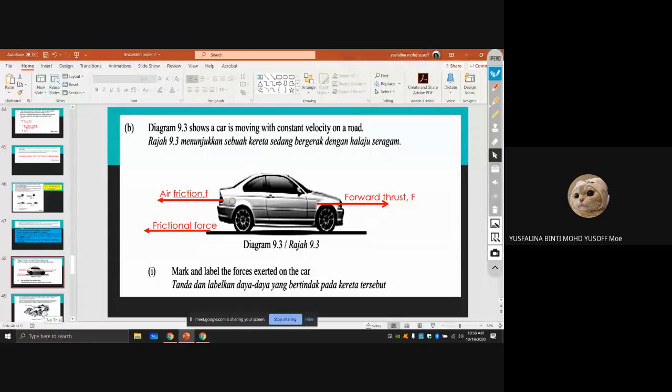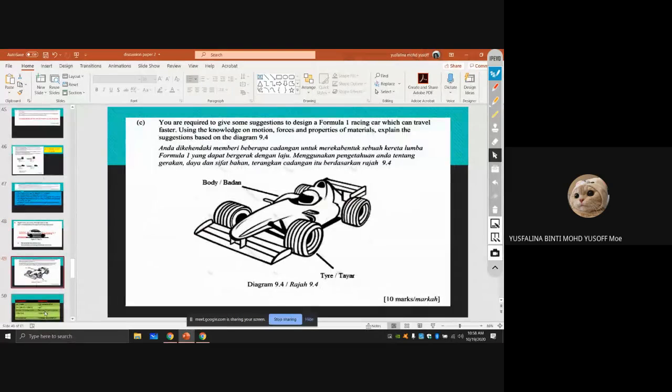Right. Next one. So this is the last question. You are required to give some suggestions to design a Formula One racing car which can travel faster. Using the knowledge on motion, forces, and properties of material, explain the suggestion based on diagram 9.4. So this one you can actually give more than 5.